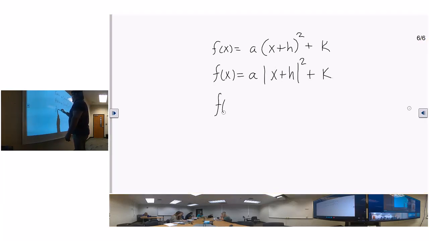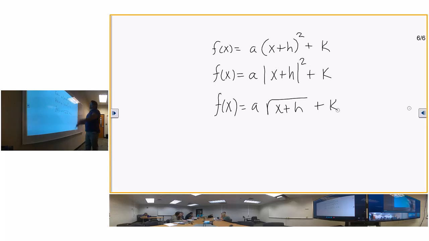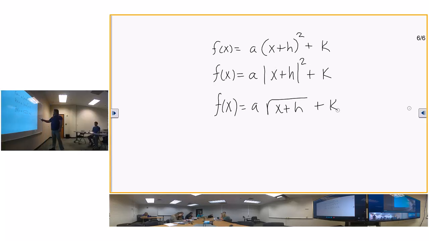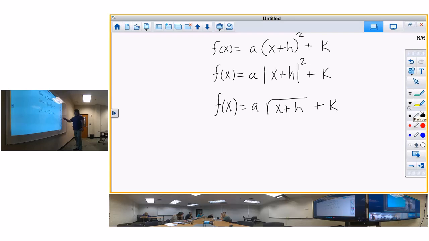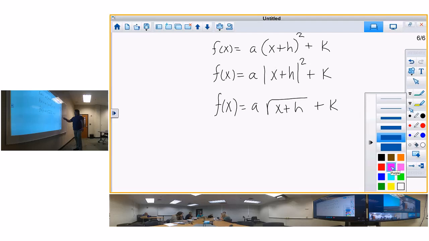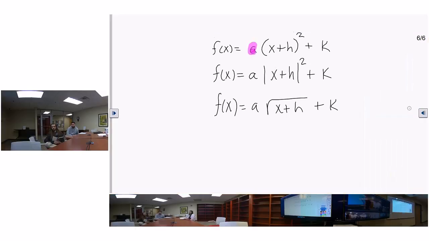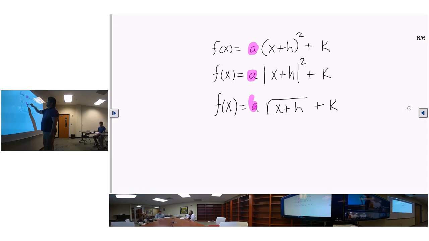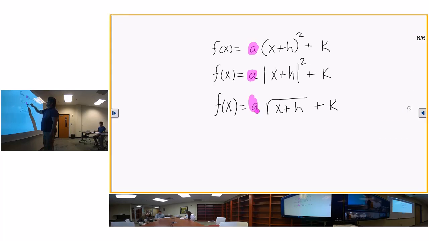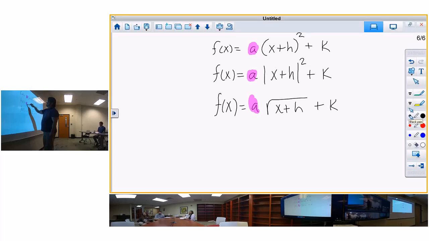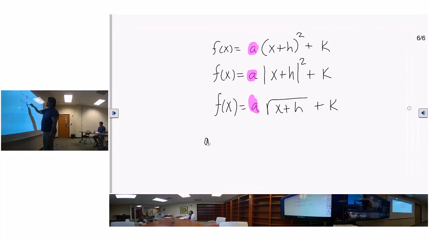F of x is equal to a square root of x plus h plus k. Everybody remember these? Yes. Somebody tell me what I told you A was. What did A do as far as telling you information about something? What did A tell us? Okay, basically the orientation. A tells us orientation.